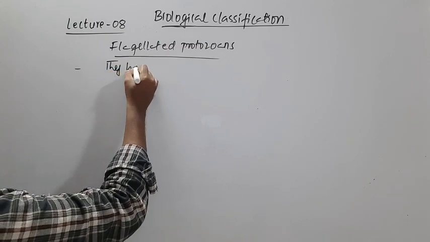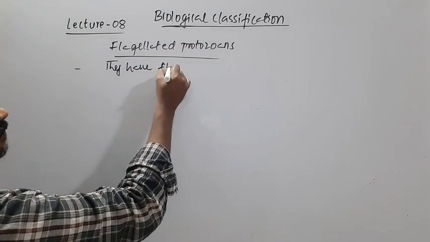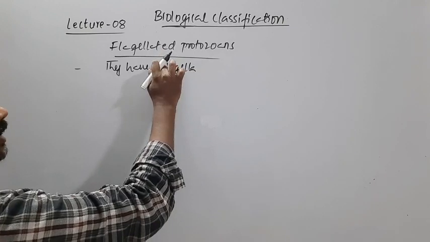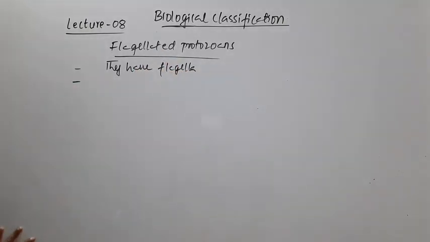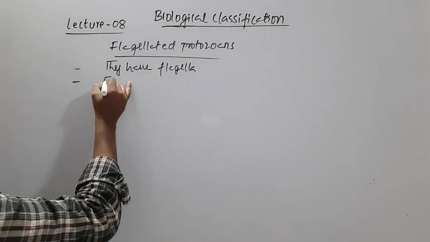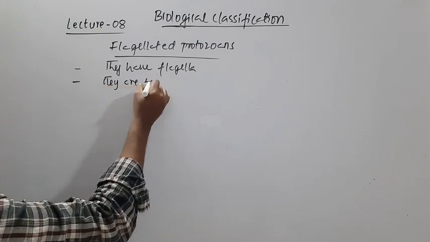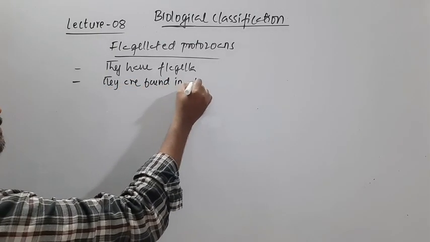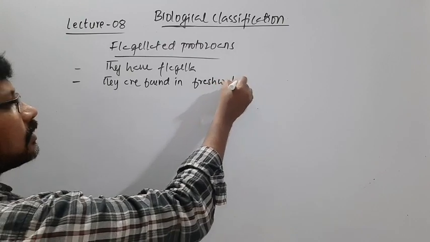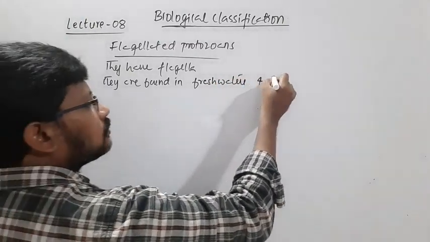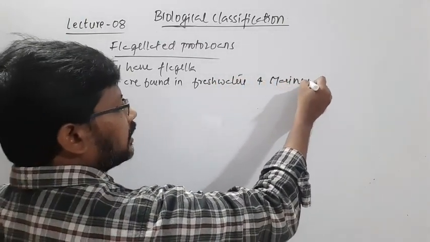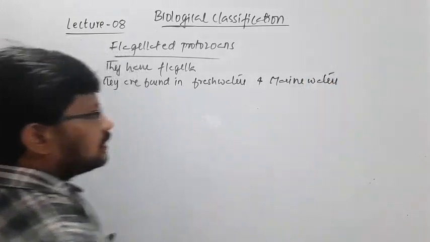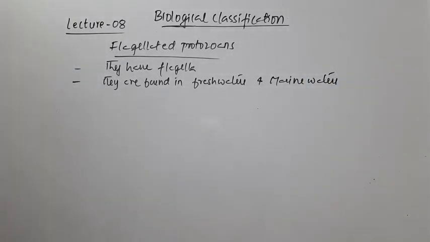So they have flagella, and these flagella will help in locomotion. They are found in fresh waters and also in marine waters, that is seas and oceans. In them also you will find these organisms living.